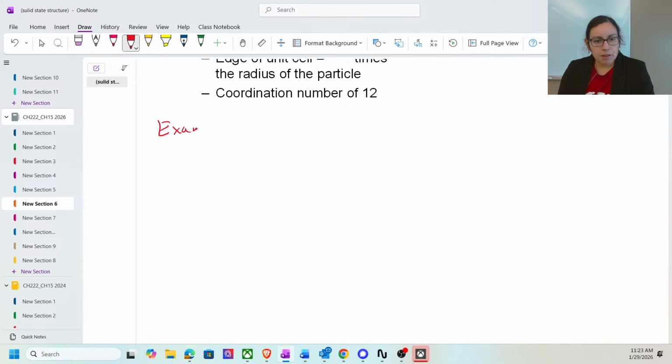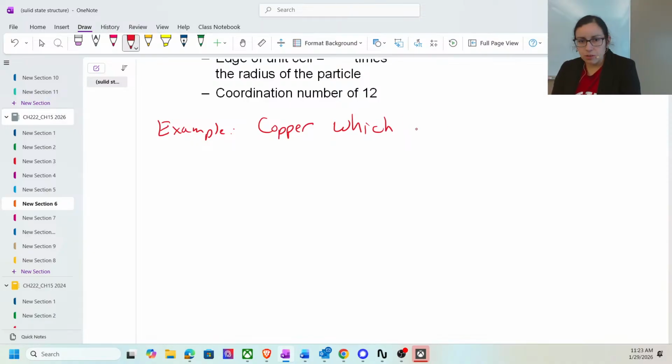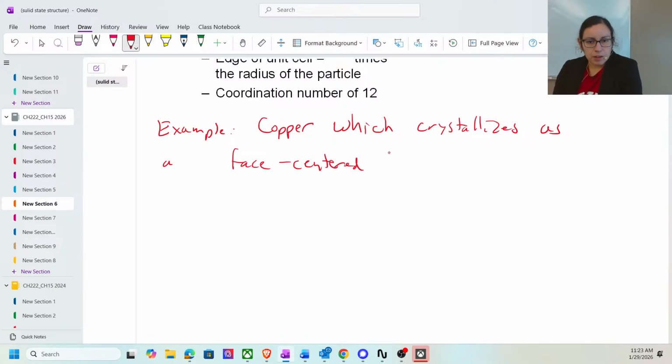So we have our example. Your question is typically going to go like so. You have your element, in this case copper, and then I'll tell you how it crystallizes: as a face-centered cubic lattice. So think about what that means in terms of atoms and the length.